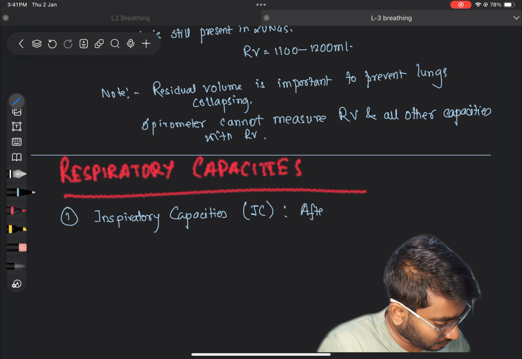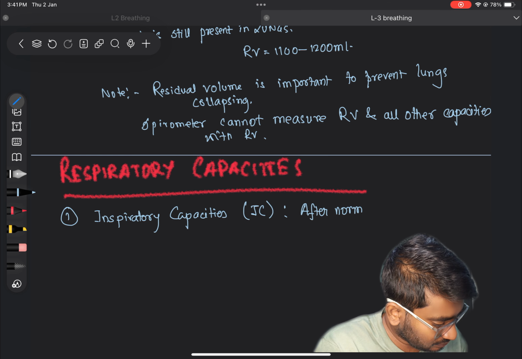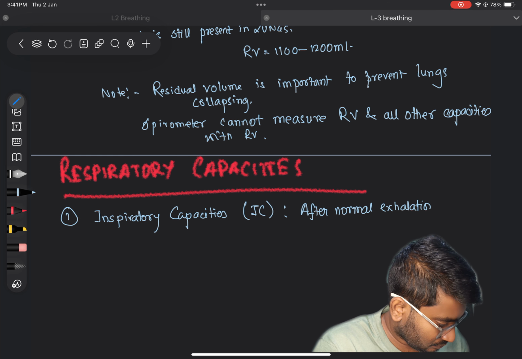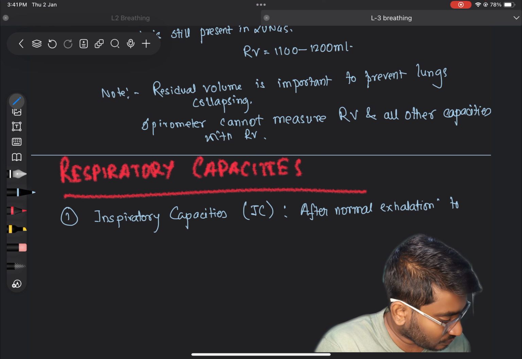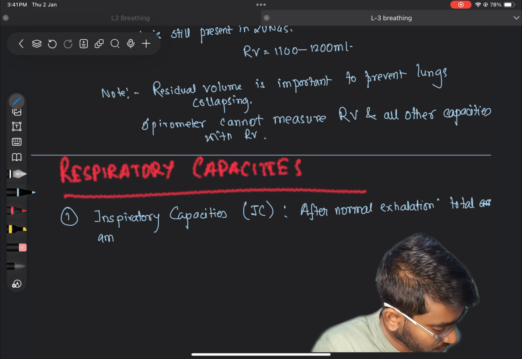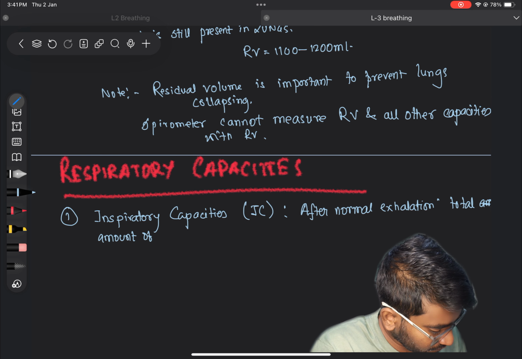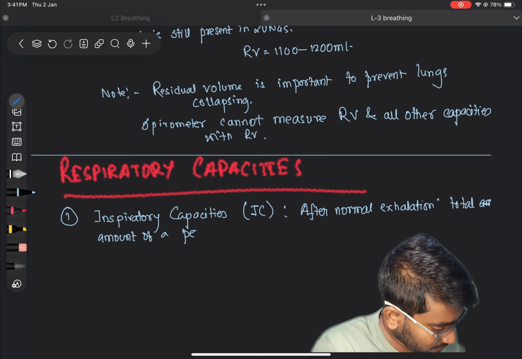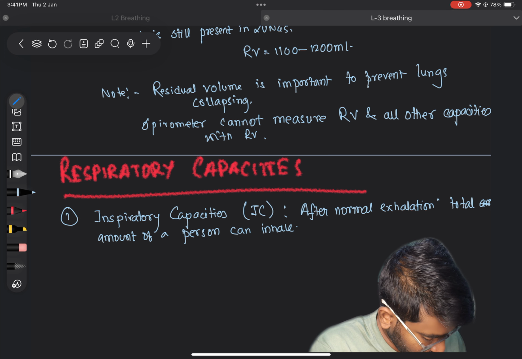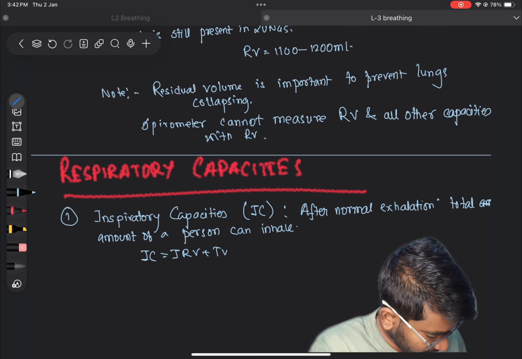After normal exhalation, the total amount of air a person can inhale, that is IC equals IRV plus the tidal volume.